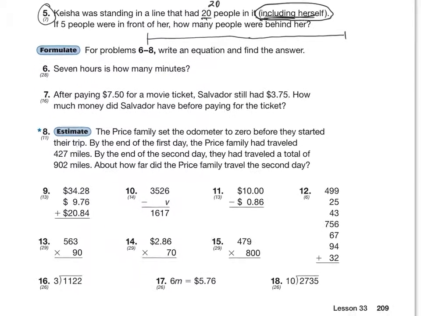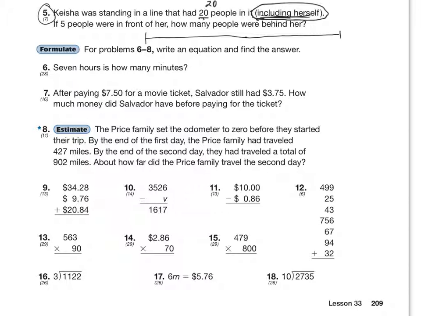All right, number 7. After paying $7.50 for a movie ticket, Salvador still had $3.75. How much money did Salvador have before paying for the ticket? After paying that much, he had this much left. So I would use a formula here. It looks like he had sum minus sum equals this.